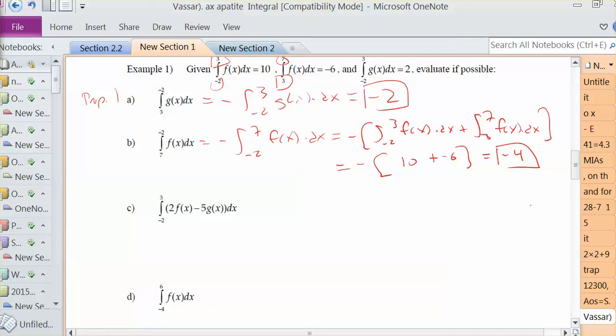Let's look at example 1 part C. What if I have something like this here? Well, I'm going to break it up like this.